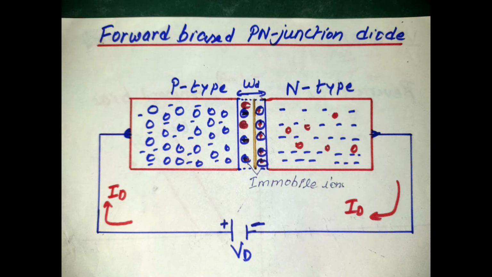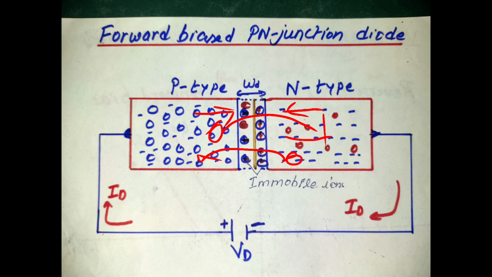You can see in this figure, this is our hole, and the hole is going to move towards the N side, and the electron is going to move from the N to the P side. So there will be recombination between the electron and hole, and the number of immobile ions present in the depletion region is going to decrease, and this will result in a decrease in the width of the depletion region.